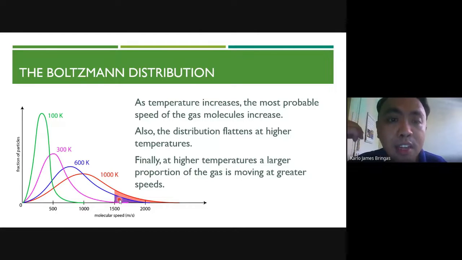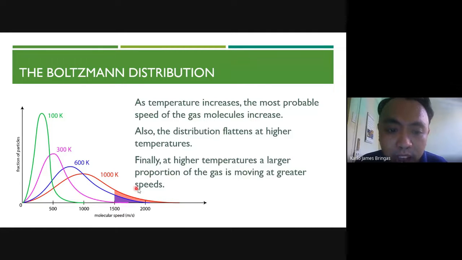So this allows us now to define temperature at a molecular level. To measure the temperature, all we need to do is measure the speeds of our gas particles.